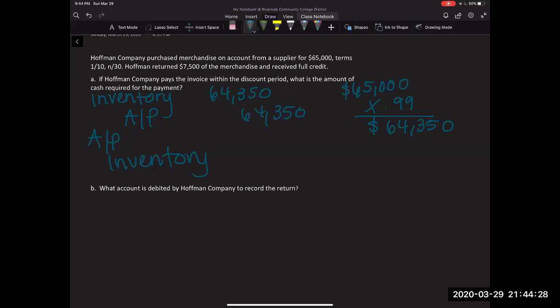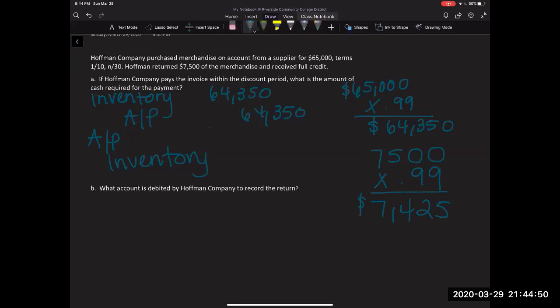So with that said, when you return $7,500 of inventory, you have to apply the 1%, or the 99%, right? What they're going to return to me is $7,425, right?